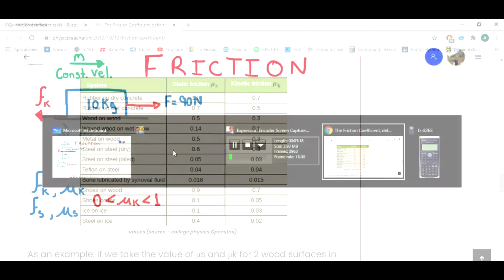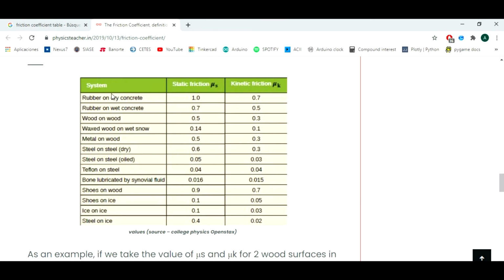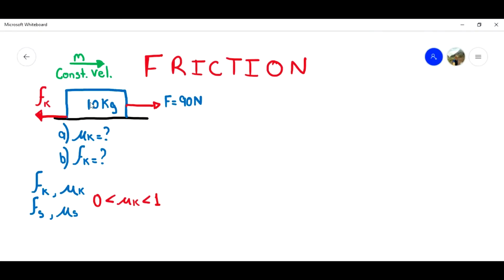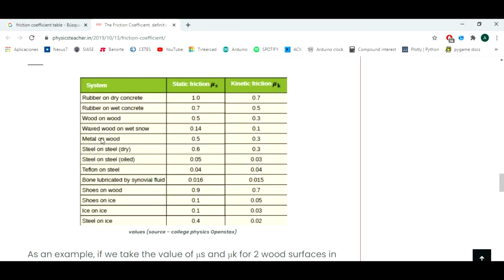If you can see here in this table, it's going to depend on the surface, I mean the object and the surface. So for example, here we got wood on wood, and we got the static friction coefficient that is 0.5, and the kinetic friction coefficient that in this case will be 0.3.